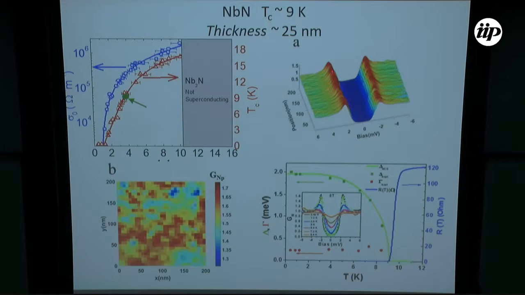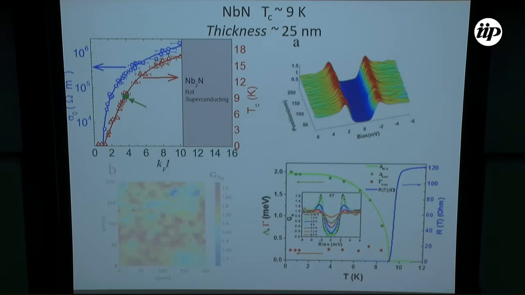If you look at the coherence peak height, there is some variation, and this is what I am plotting here. You have regions where the coherence peak height is high and regions where it is slightly lower. Nevertheless, the coherence peak is present everywhere. And more importantly, if you now take the average spectra over this 200 nanometer by 200 nanometer region and fit it with BCS, you see that the gap actually decreases in a BCS fashion, and it goes to zero exactly where resistance appears.